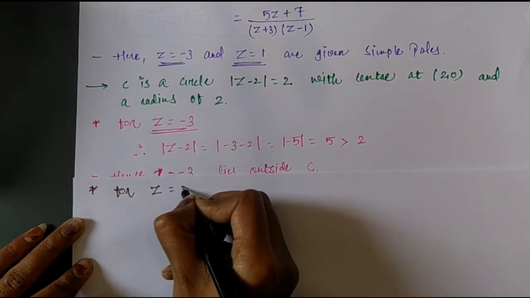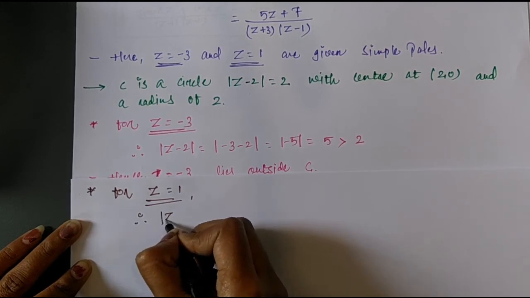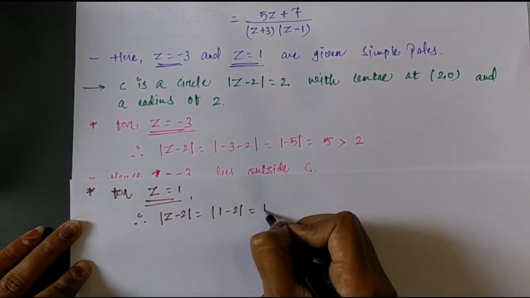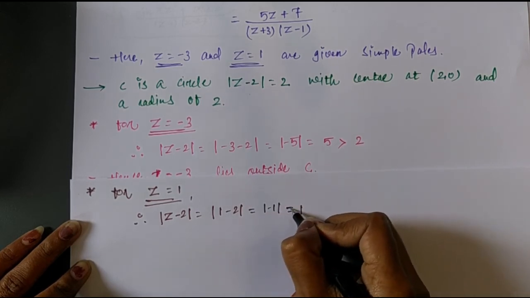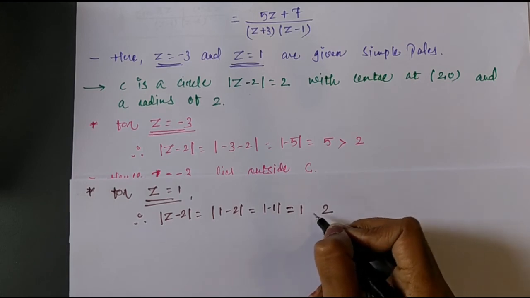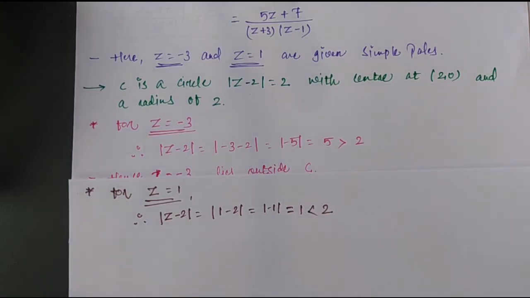Okay, and the same procedure we will do for the other one, for the point z equals 1, right? So it will be |z minus 2|, it will be 1 minus 2, so it will be minus 1, and it will be converted into positive 1, and you have to compare it with its radius, and definitely you can say that it will be less than its radius, right?